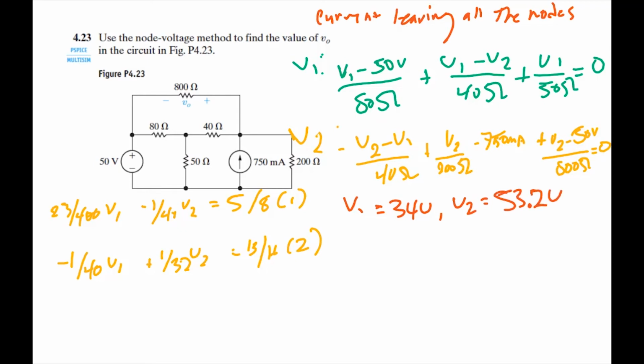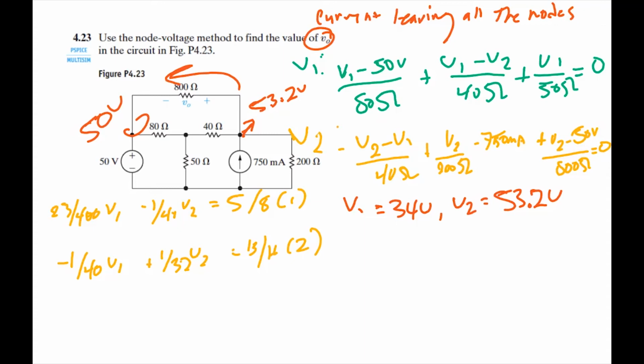Now, the question is actually asking us to solve the value of V0. So now that we know that this voltage potential right here is 53.2 volts, we know that this voltage here is 50 volts, and we assume that the current was going this way.